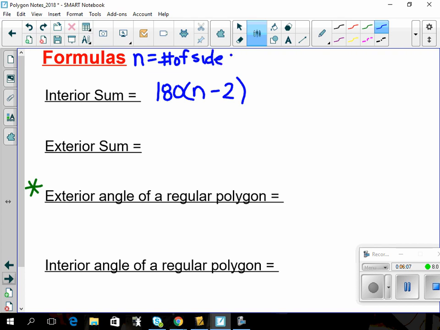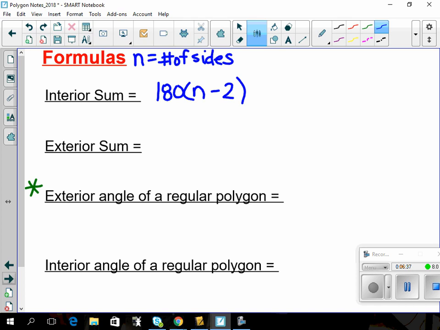The number of sides in any polygon minus 2 tells me how many triangles I have, and then I multiply it times 180 because I know that's what the sum of the angles in a triangle is. Okay? That's the formula. Just the number of triangles, which is the sides minus 2, times 180. Interior sum.